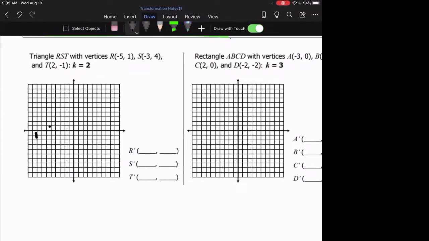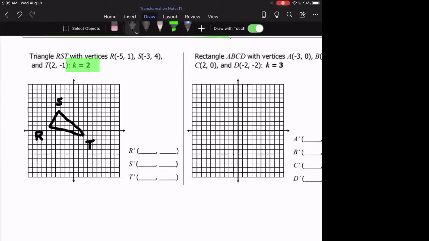Here's R, and then here's S and T. The scale factor for this one is 2, so I'm going to multiply my points by 2.